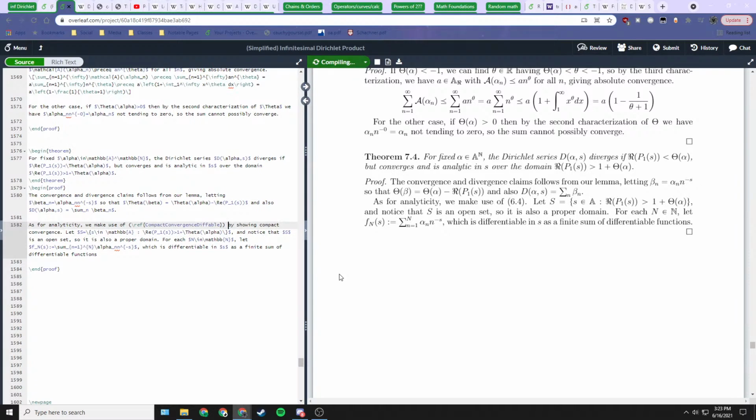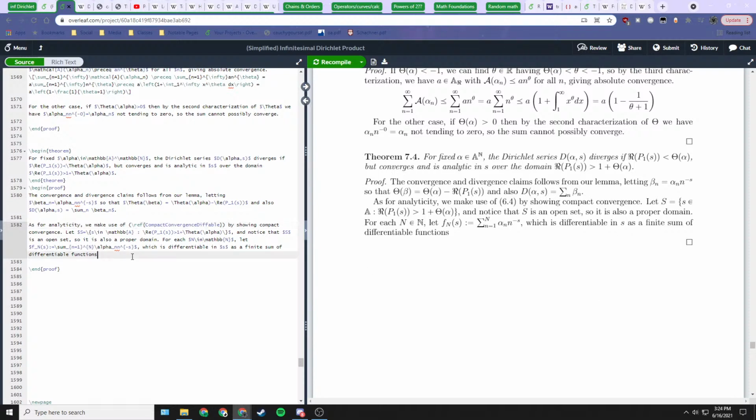Okay, so we have our domain S. S is open, so it is a proper domain. For each n, we define these functions, which are differentiable in S as a finite sum of differentiable functions. And then we'll say let K be a subset of S, any compact subset.